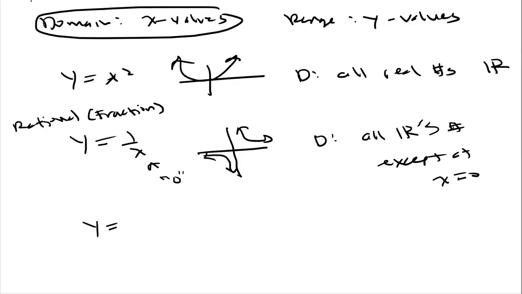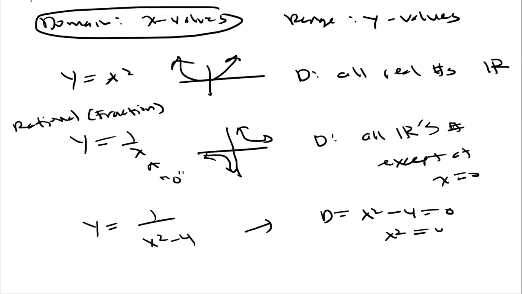So if we had another one, say we had 1 over x squared minus 4. To find the domain, we just set the denominator equal to 0 and we solve. So in this case, we get x squared equals 4. Let's take the square root on both sides. We get plus or minus 2.